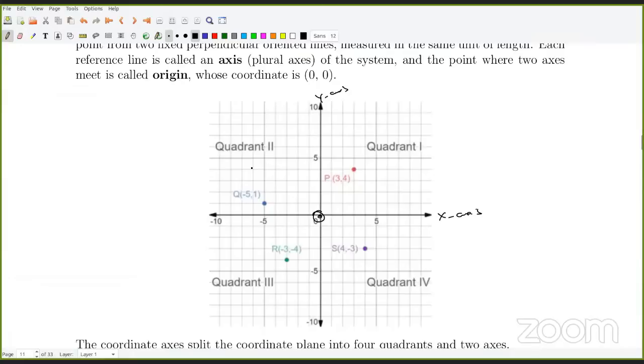Here x is negative, y is positive in quadrant 2. Here y is negative, x is negative. This is the negative quadrant, quadrant 3. And here x is positive and y is negative. So you can see some points have been plotted. That is how this is called xy plane or rectangular coordinate system.